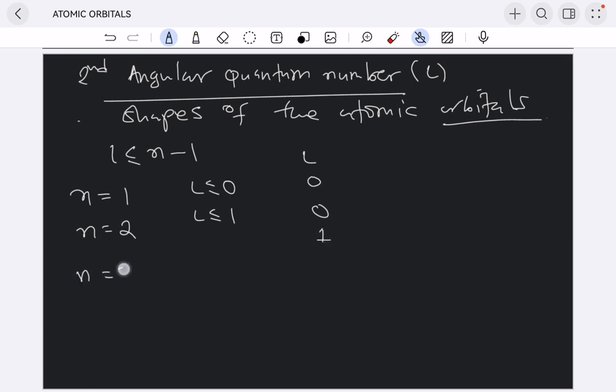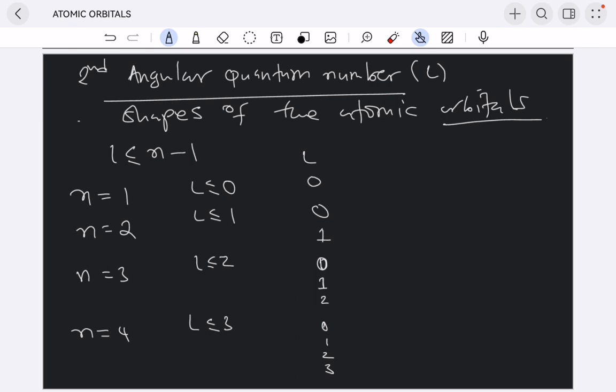When n is equal to 3, l is less than or equal to 2, which means that l can be 0, 1, or 2. Then when n is equal to 4, l is less than or equal to 3, which means that l can be 0, 1, 2, 3.